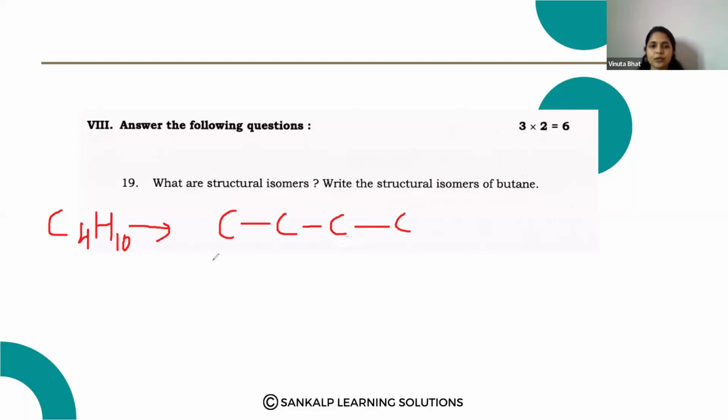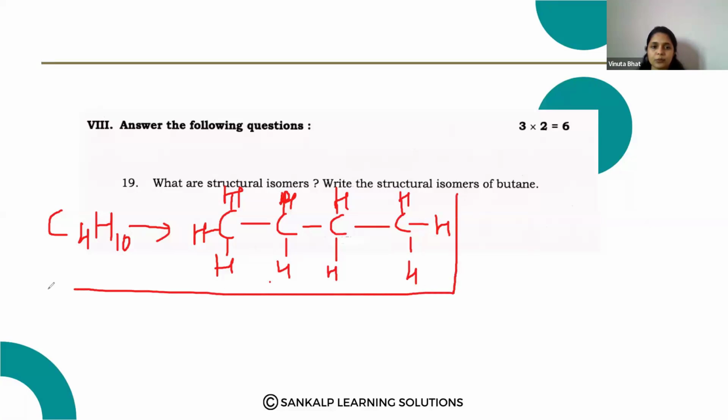Four carbon atoms, butane. So you should add the hydrogen. You have to fulfill the carbon valency of 4 by using the hydrogen. Just count the number of hydrogen: 1, 2, 3, 4, 5, 6, 7, 8, 9, 10. So this is the C4H10, the first structure of butane.